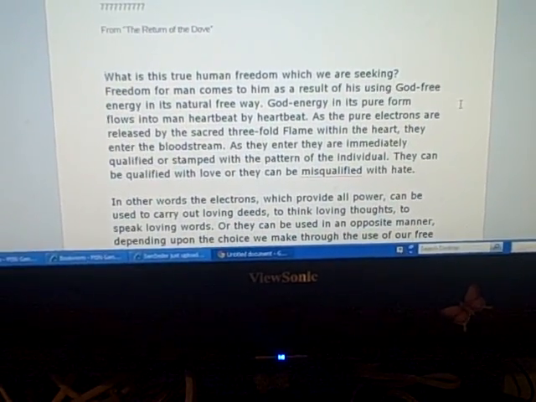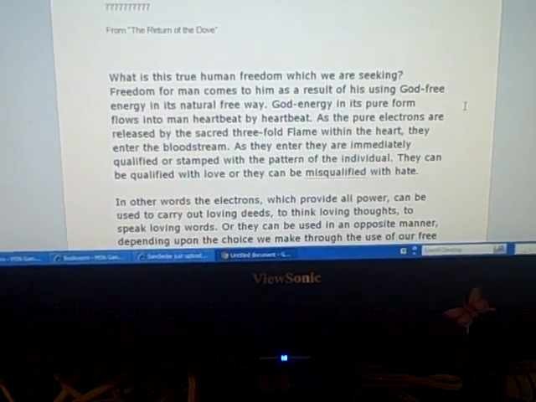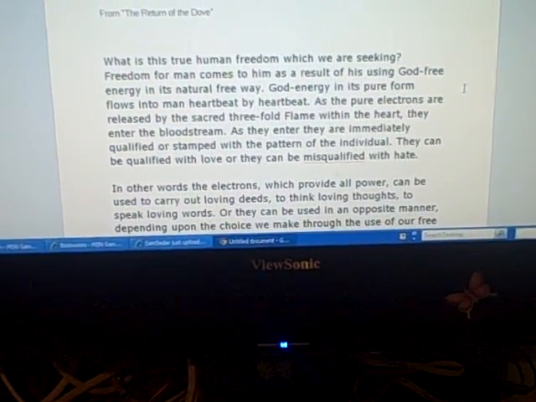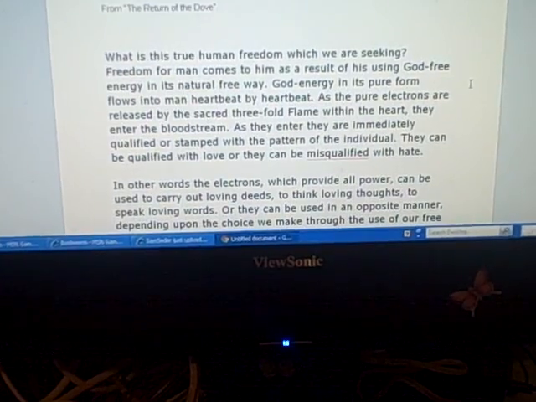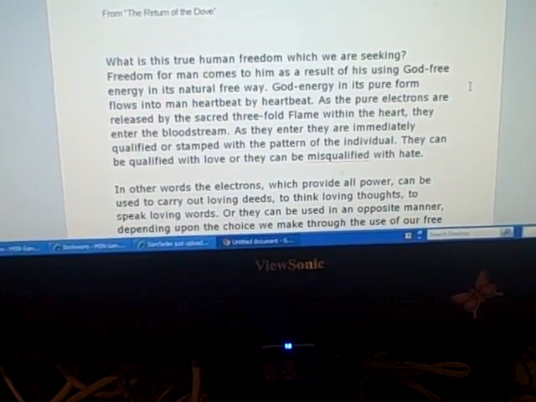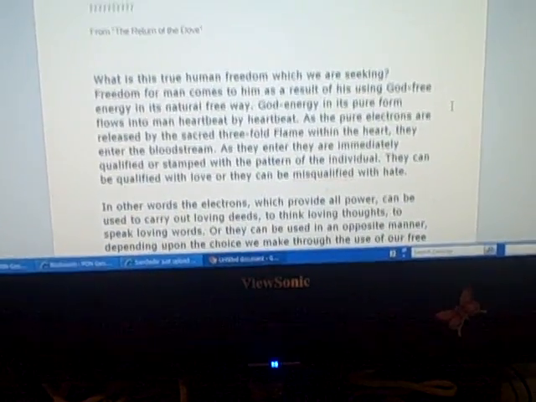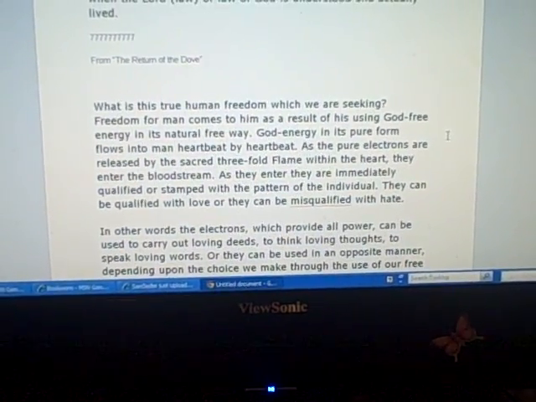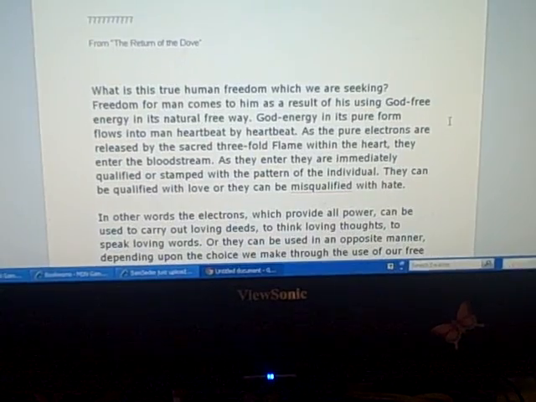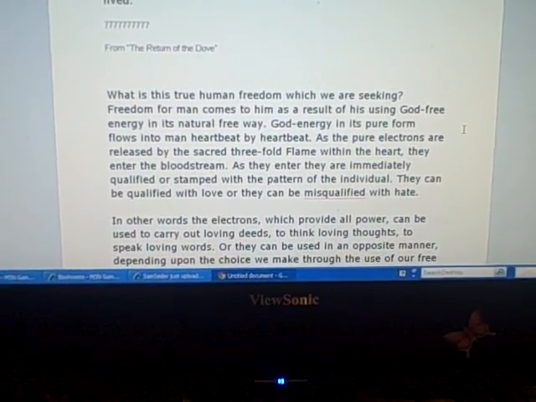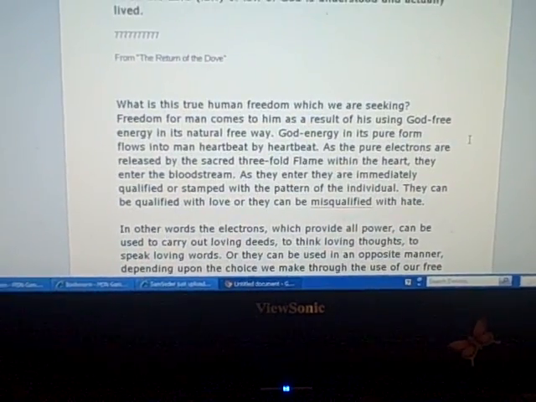As the pure electrons are released by the sacred threefold flame within the heart, they enter the bloodstream. As they enter, they are immediately qualified or stamped with the pattern of the individual. They can be qualified with love, or they can be misqualified with hate. And just to interject here, if they're qualified with love, they're going to make the perfect little triangles.